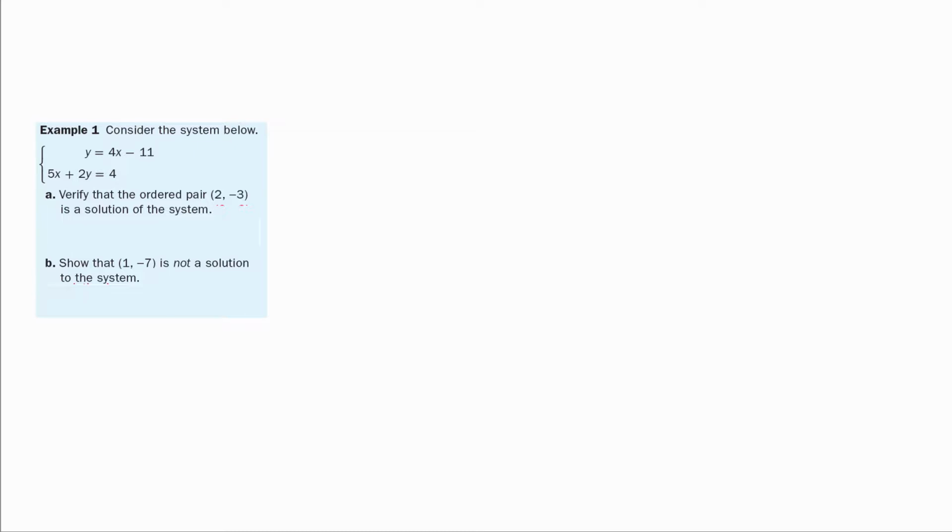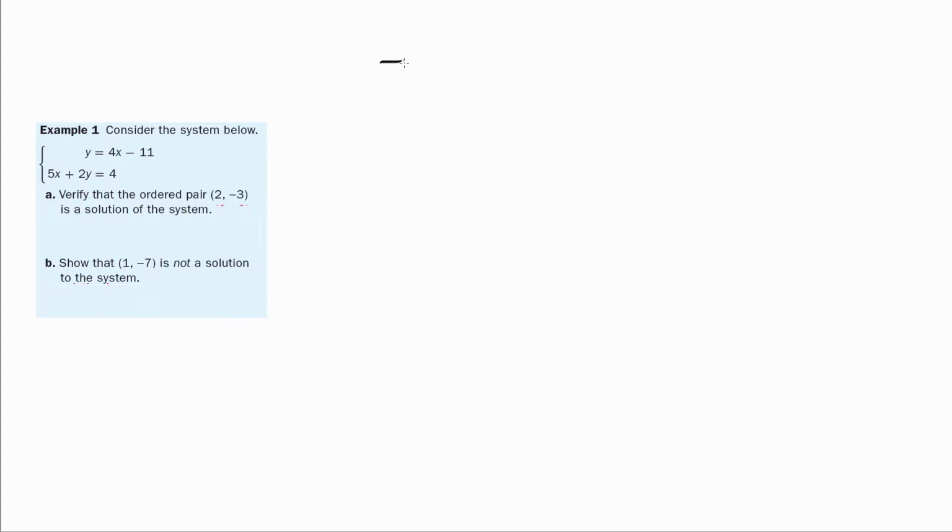Well, the first thing we can do, by verifying this, is to plug it into both equations and see if they both work. Are they both true using this ordered pair? And that would mean if true, then it's a possible solution.